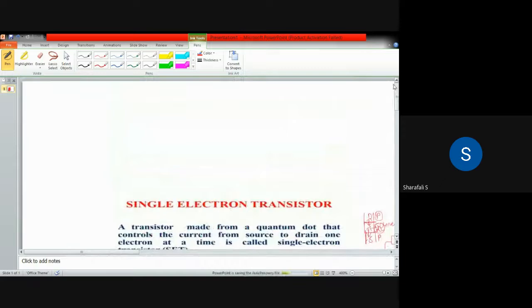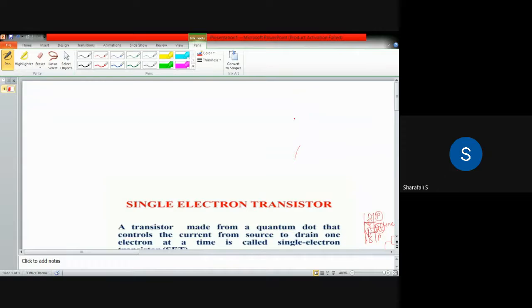Yet we have so many limitations for this particular technique or this transistor, because the fabrication of this single electron transistor suffers many difficulties. For a single electron transistor to be used in large scale production, the following factors must be taken into account.